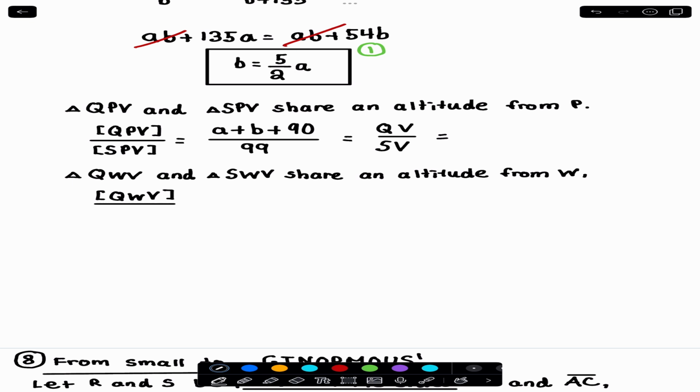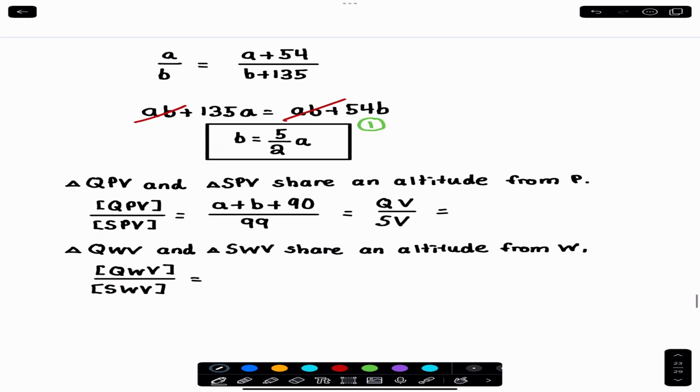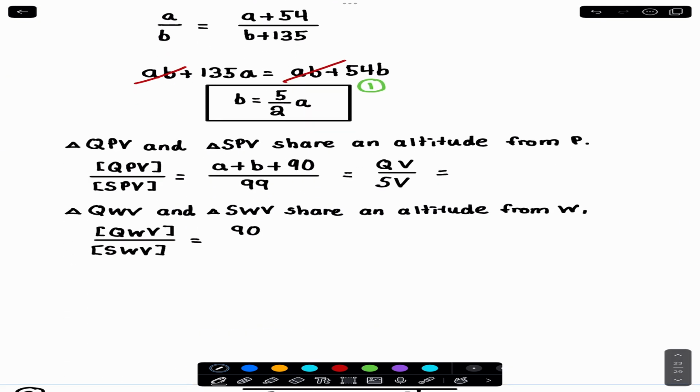So I think this problem is coming together. The area of triangle QWV is 90, SWV is 45, which is 2, which is QV over SV. So that means I can put the 2 back in here.